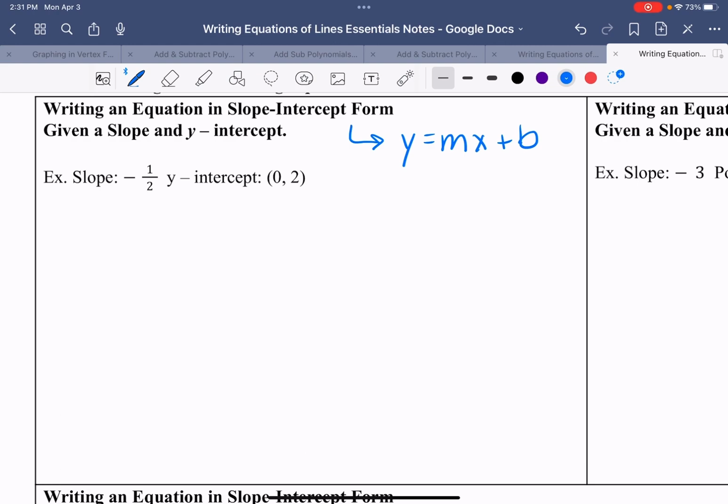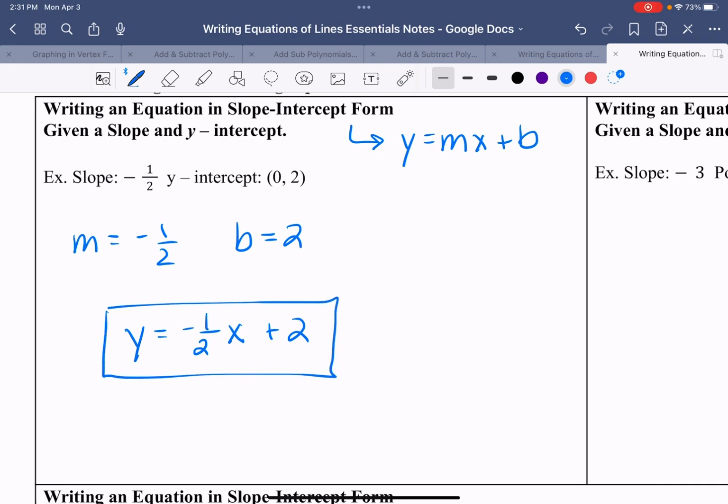From our example, the slope is m equals -1/2, and it gives us our y-intercept, (0, 2), which is the same as b equals 2. So now all we need to do is plug in the slope for m, so y equals -1/2 x plus 2. That's about as simple as you're going to get, okay?